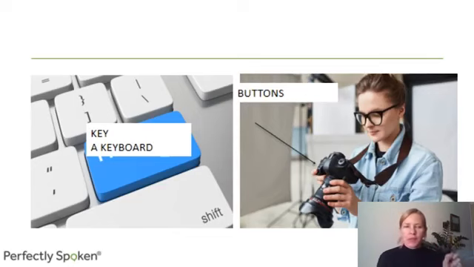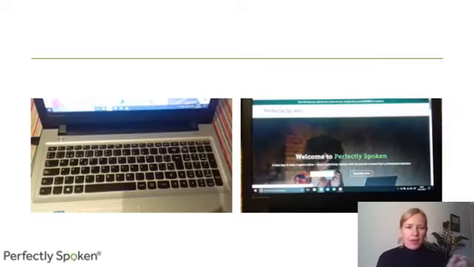Now here you can see on the left my computer keyboard, and on the right, what can you see? This is my computer. What type of computer is it? It's a PC. It's not an Apple Mac. And it's a laptop, which means it's portable.